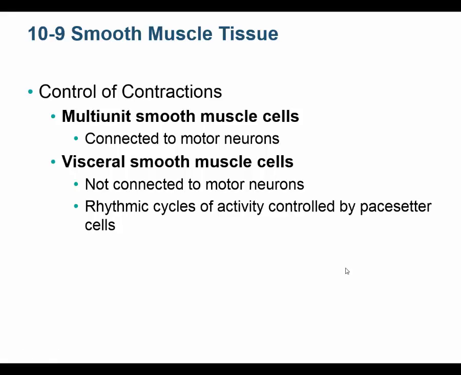All right, we already talked about multi-unit smooth muscles. That's when each smooth muscle cell itself acts as an individual, or it might not be just one, it might be 10, but the whole sheet of smooth muscle doesn't act like one. There's many units within that sheet. So you can think of it like this. One smooth muscle cell acts like an individual versus all the individuals interconnected and acting as one.